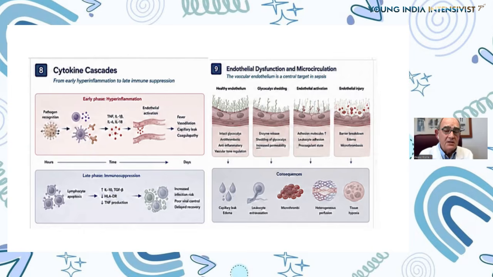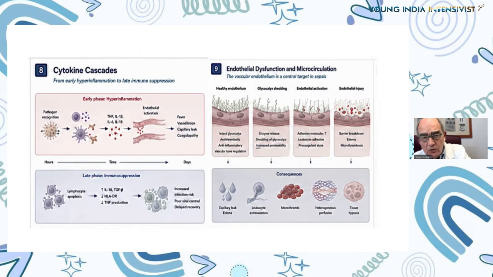But what happens in these phases? The patient, because of the immunosuppression, has an increased infection risk, and the capability of controlling intercurrent viral infection is poor, and there is always, when the situation recovers, a delay.